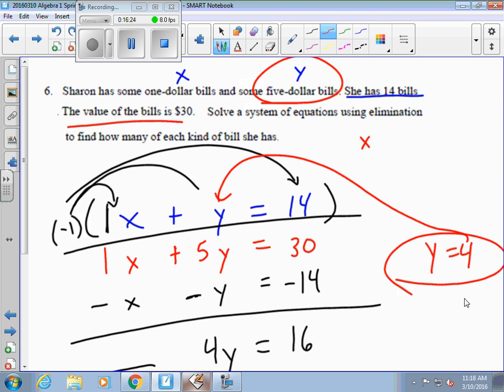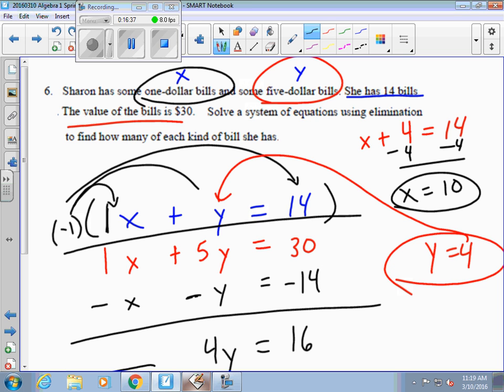X plus, instead of y now, 4 equals 14. Get x by itself by subtracting 4 on both sides. X then is equal to 10. X represents $1 bills. How many of each denomination does she have? She has 10 $1 bills and 4 $5 bills. Written as an ordered pair, 10 comma 4.